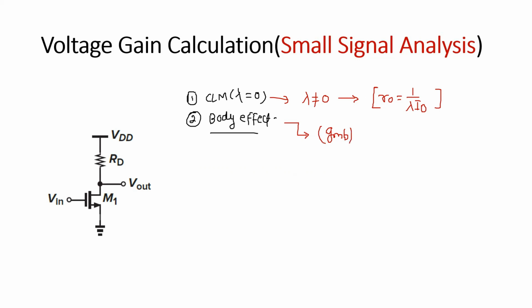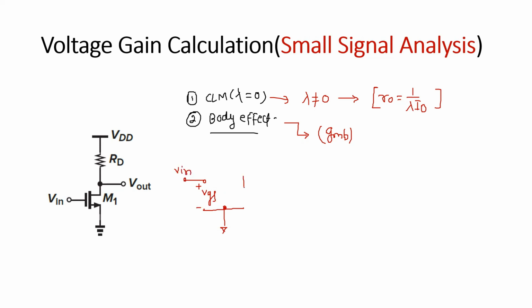So if I introduce these two effects additionally, then how will this small signal model be modified? In the last video, the small signal was simply like this: this was your gate and the source was grounded. This was your VGS, and here Vin was applied.